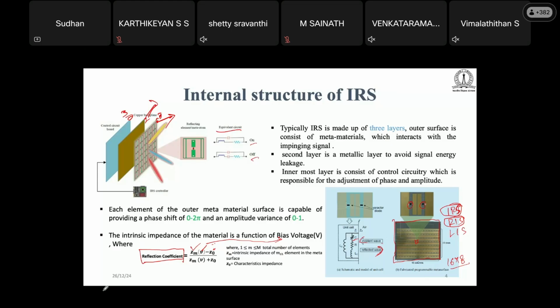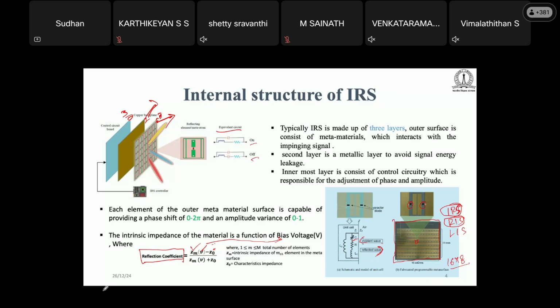This is not at all RF, but in the case of relay, cooperative communication, or even MIMO antennas, we use an RF chain. But in this case, we use a very simple varactor diode, which needs very minimal power.